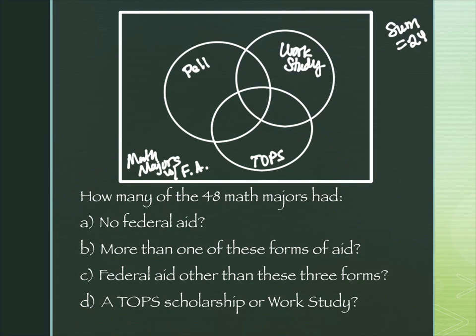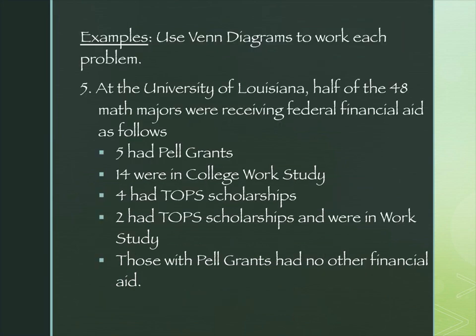Okay, we have quite a bit of information given to us, and we need to identify which pieces are most helpful for starting with. Any ideas? The 5 Pell Grants and the 2 TOPS scholarships. Okay, so let's start with the 5. Why would the 5 Pell Grants be useful for starting with?